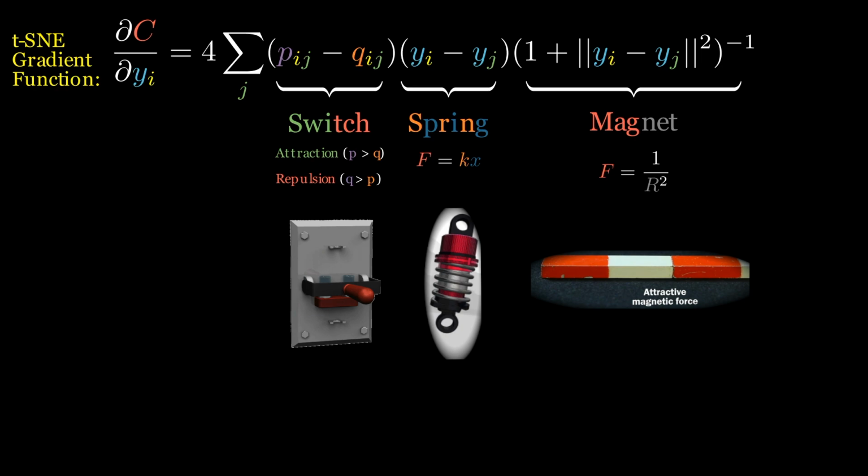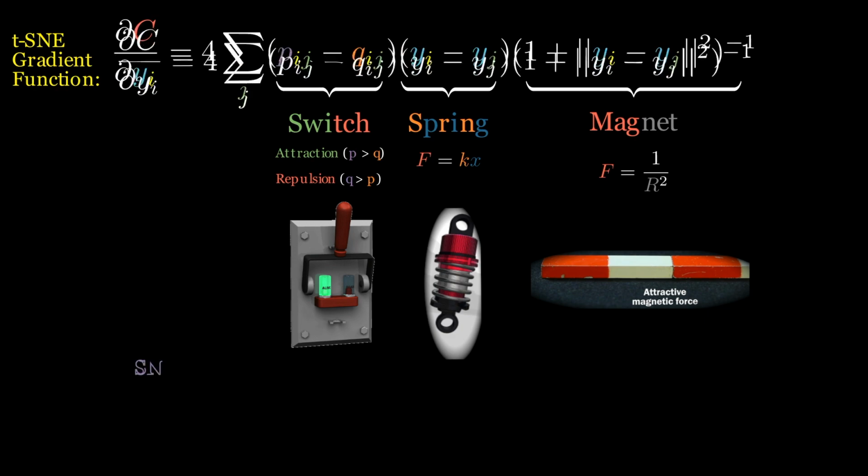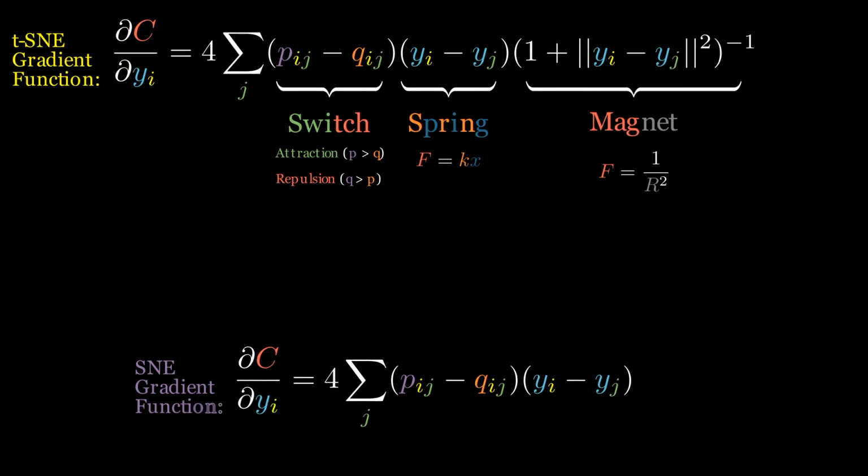So an intuition is to envision all our points being connected by springs and magnets. Our switch will control whether the forces between points are repulsive or attractive. The size of each force will be in relation to the distance as well as 1 over the distance squared. If we look at the regular SNE derivative, which doesn't use the t-distribution, we see a much simpler equation, but one without the magnet term.